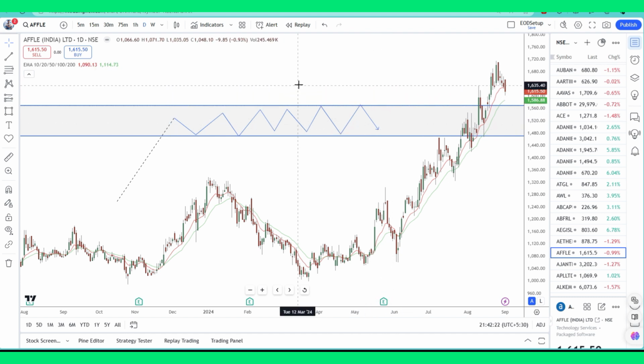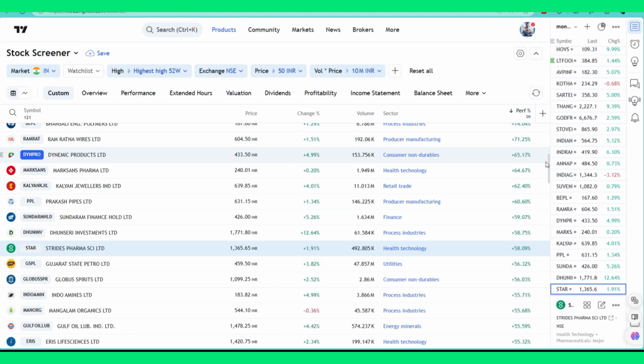So basically the idea is this is the way that you can create a beautiful watch list from a simple scan, which is which stocks are making 52-week highs, and you can just keep adding those to a watch list. One important thing that I did, if you noticed, I sorted by performance 3 months.